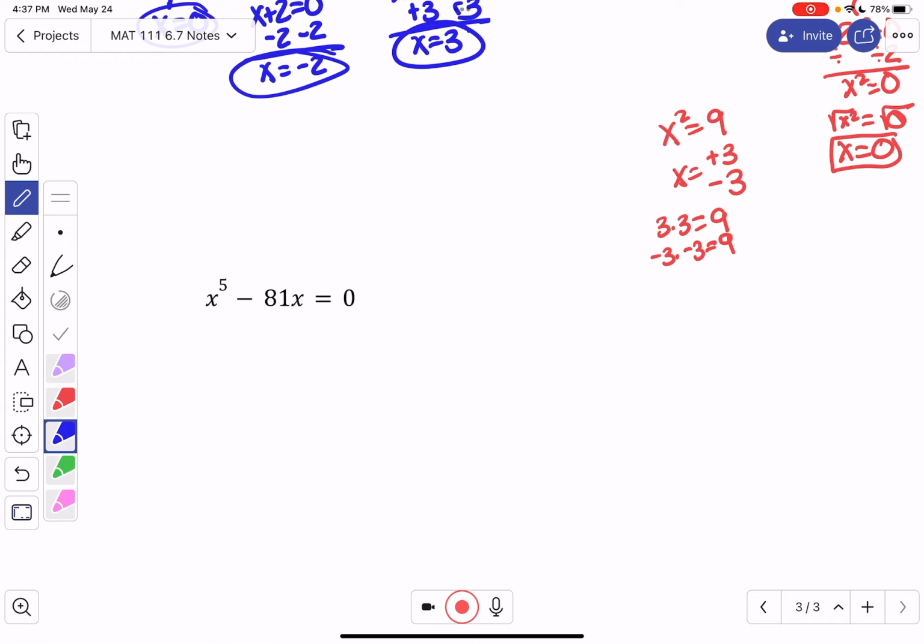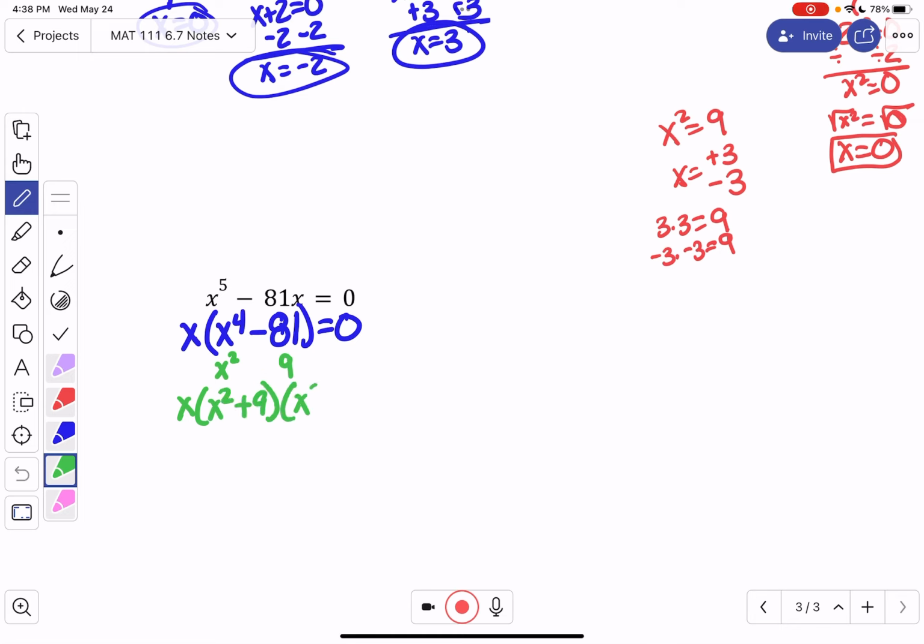First thing I'm going to do is take out my greatest common factor. So I would get x times (x to the 4th minus 81). X to the 4th is like saying x squared squared, and 81 is 9 squared. So I could rewrite this as (x squared plus 9) and (x squared minus 9).